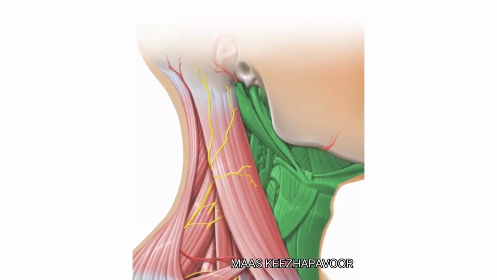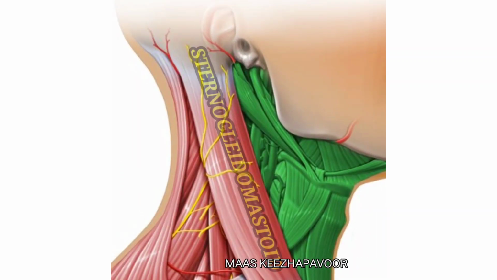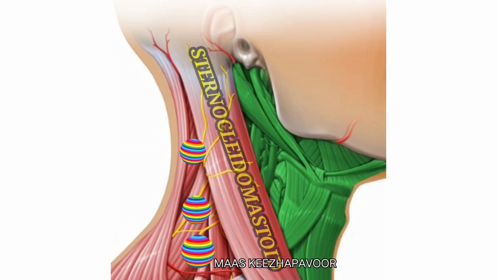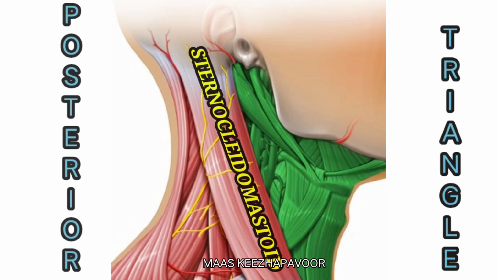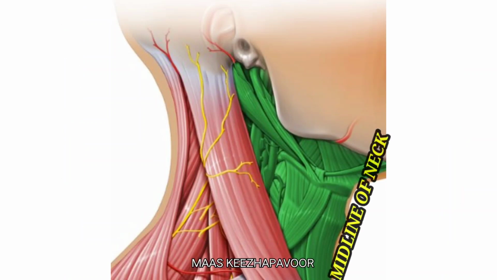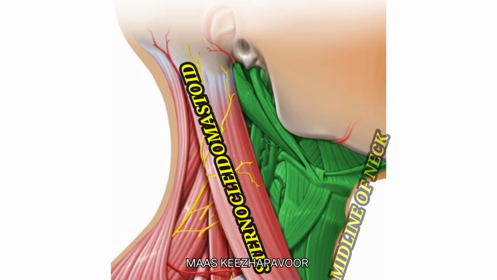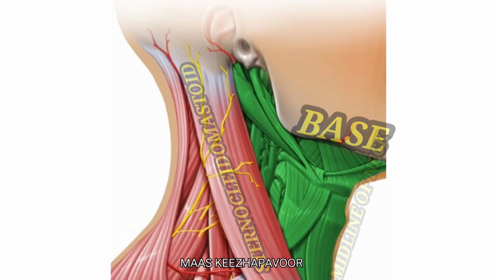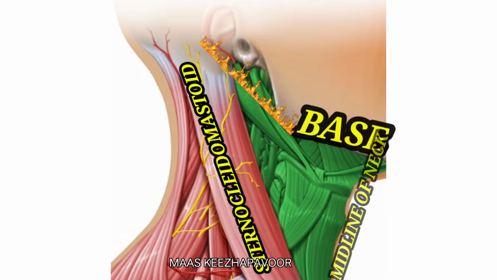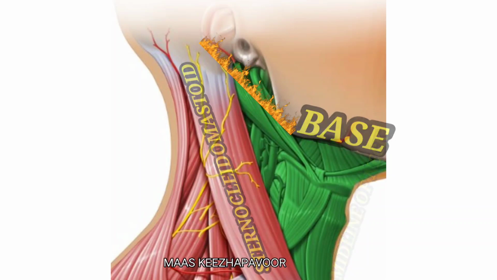The part of the neck anterior to sternocleidomastoid is the anterior triangle, and the area behind sternocleidomastoid is the posterior triangle. The anterior triangle is bounded by midline of the neck, sternocleidomastoid muscle, base of mandible, and imaginary line connecting angle of mandible to the mastoid process.